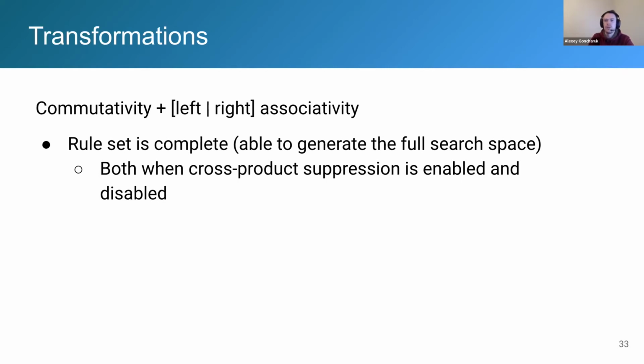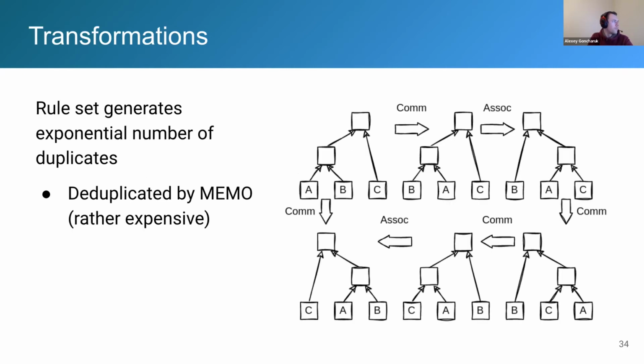Regardless of whether you're considering only cross-product-free joins or joins with cross products, you will still be able to enumerate all possible alternatives. But at the same time, even if we leave only commutativity and left or right associativity, so only two rules, even in that case you will be producing duplicates.